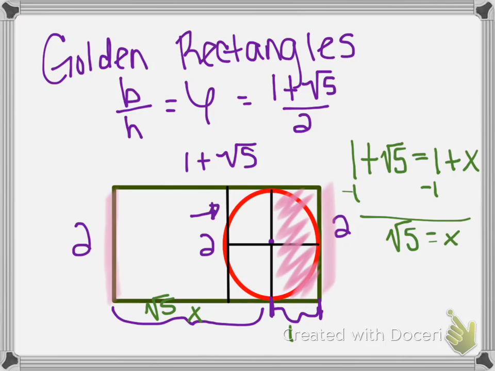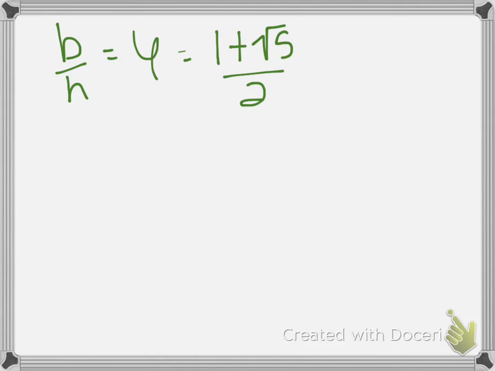Looking at that, we have dimensions of 2 and 1. 2 is going to be our base since it's the larger number, and 1 is our height. So let's fill that in over here. Our base of 2 over our height of 1, is that proportional to 1 plus the square root of 5 over 2?